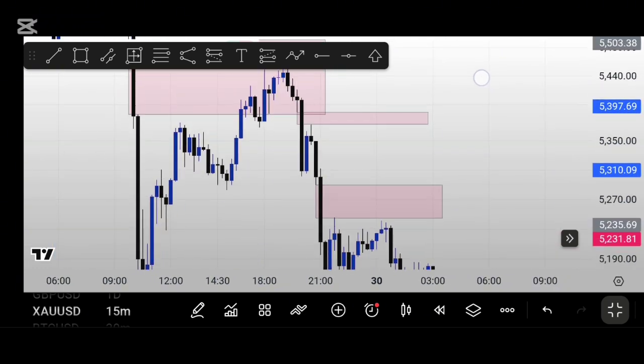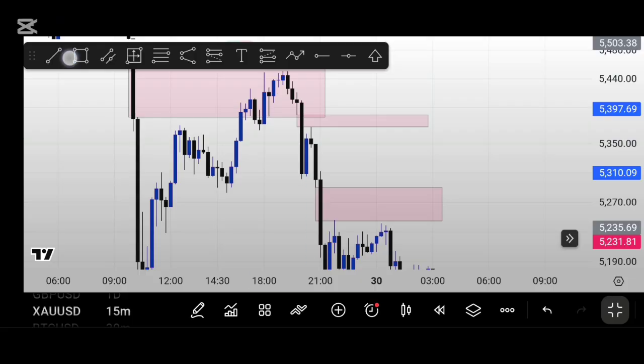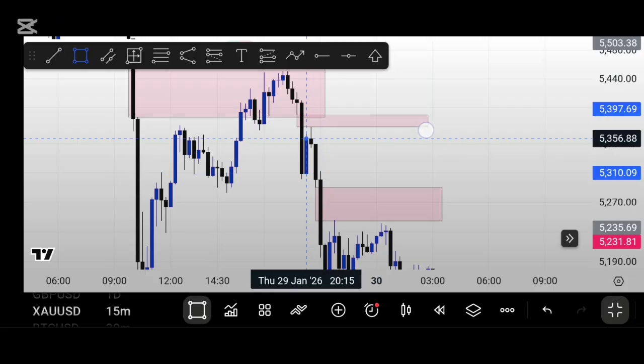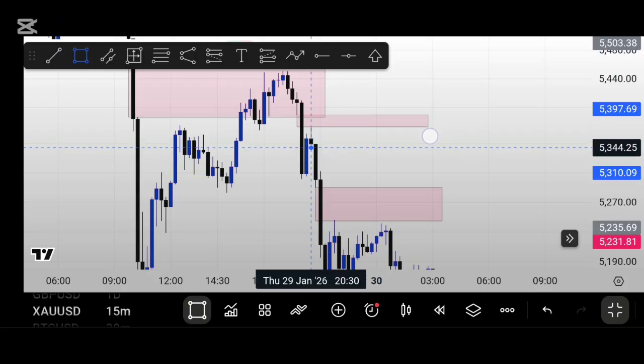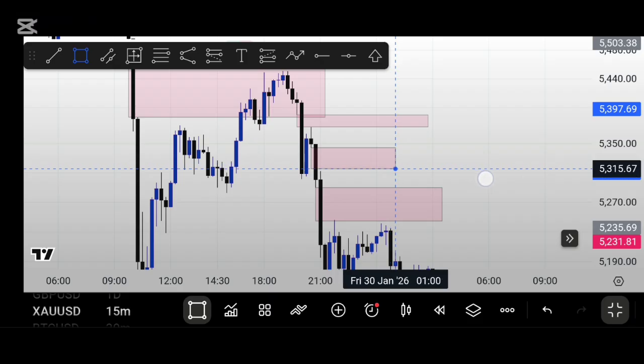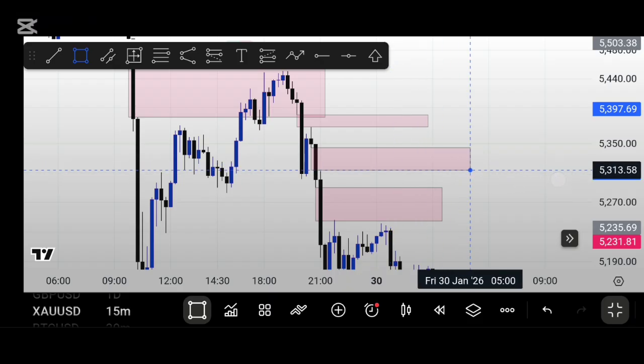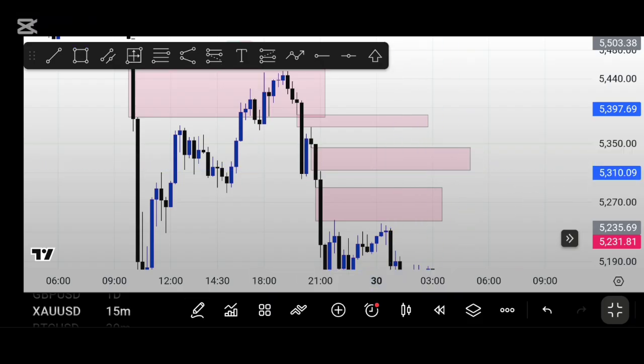So you can go to your chart and check it out. There are a lot of fair value gaps, a lot. Why I don't use them most of the time is you will see a lot of them on the charts, but you just have to consider the right one to use. We trade with liquidity, so make sure you pick the ones closer to liquidity.